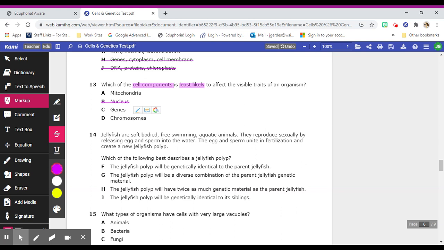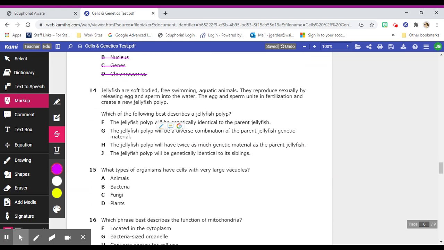We know the answer cannot be genes because that's what we have inside the cell that controls what we look like. And we know the answer cannot be D. So the only one that makes sense is A. 13 is A.